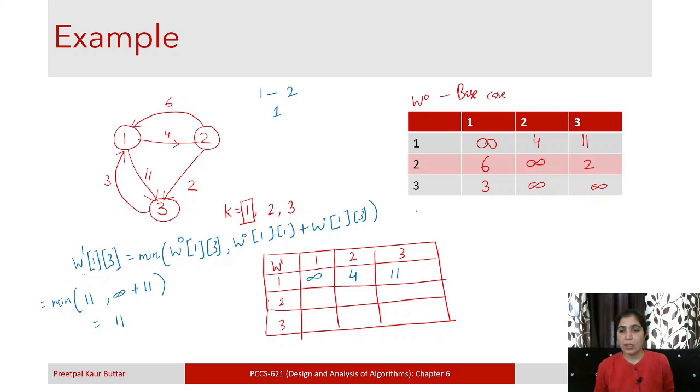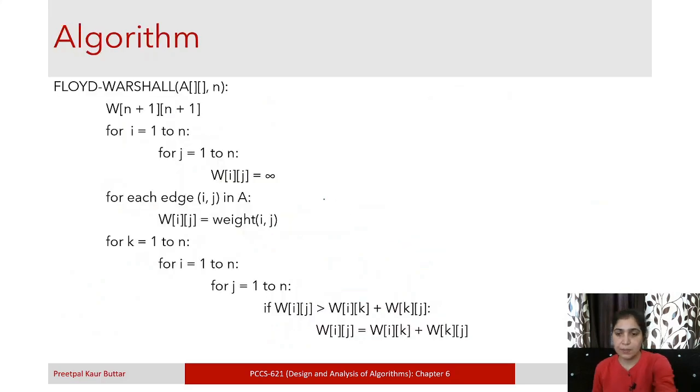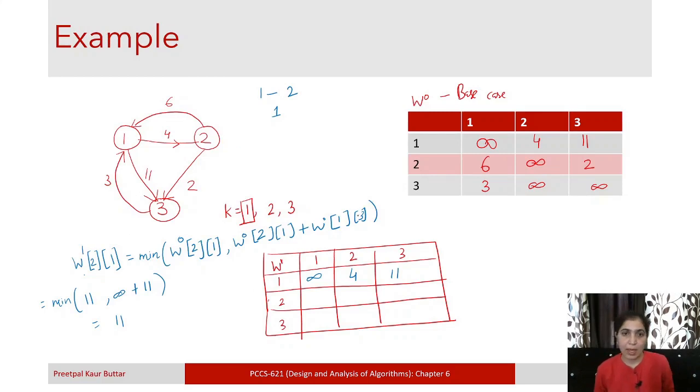Now let us move to the second row. In the second row, we are talking about first 2, 1. Again, the intermediate vertex is 1. So it is W0 2, 1 or W0 I K, which is 2, 1, and K J, which is 1, 1, as J is also 1.